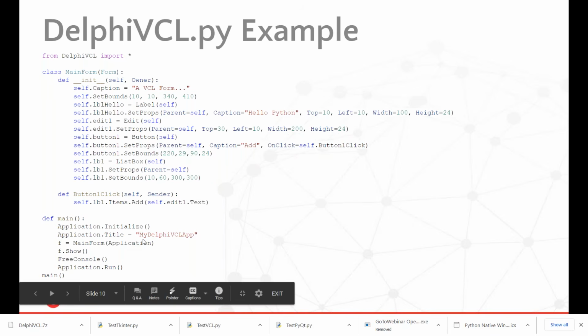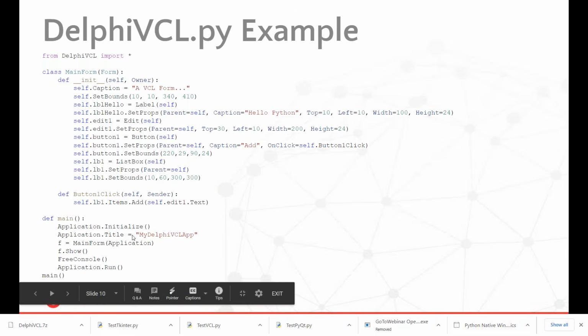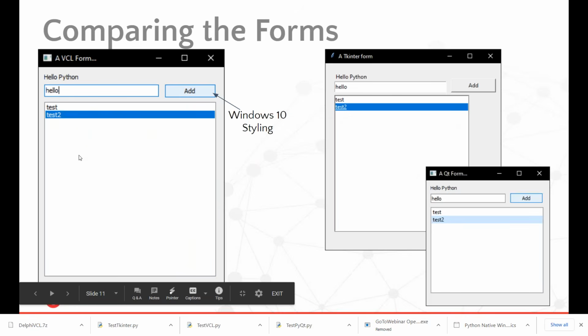So this is the main function. In this we are just initializing, and then we are setting the title as Delphi VCL app, and we are showcasing it, where the owner is the application, and I have an instance of the main form, which is this class, and then we are showing that, and the output looks like this.